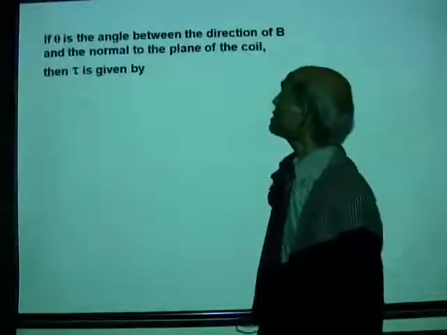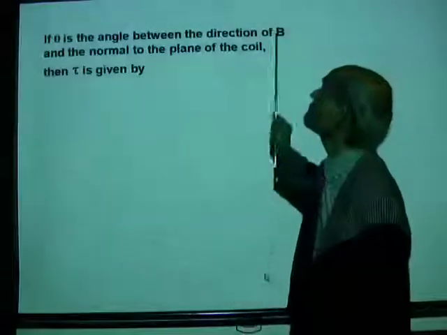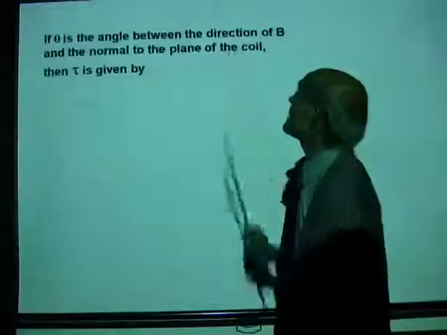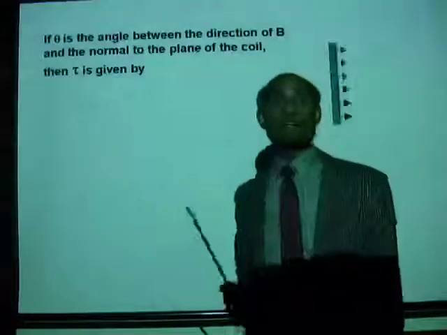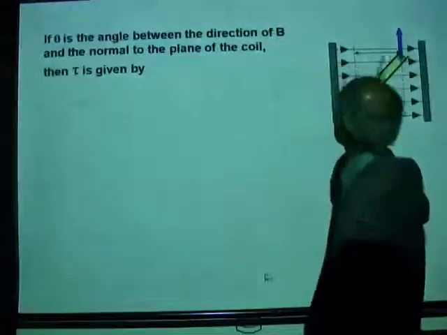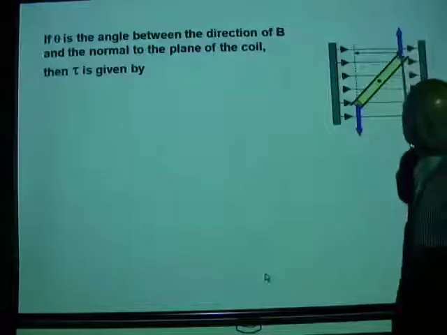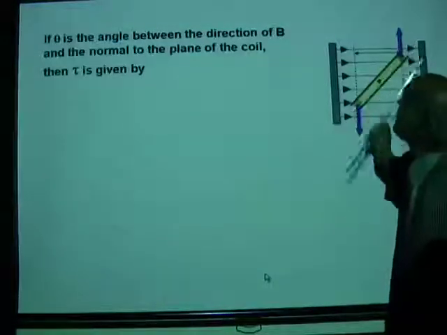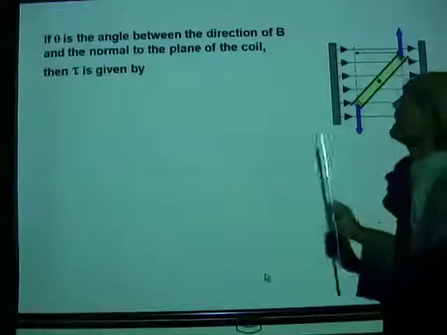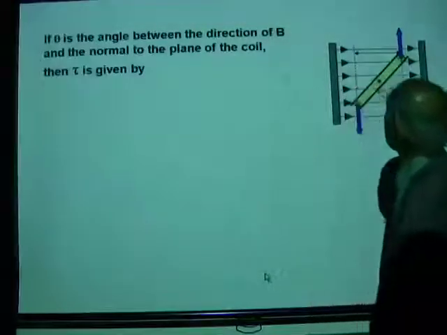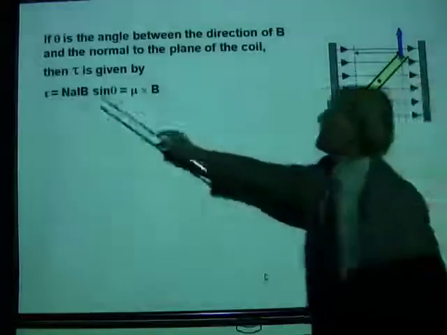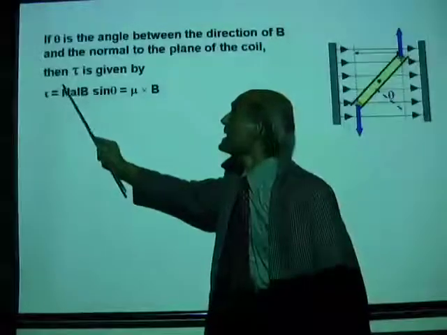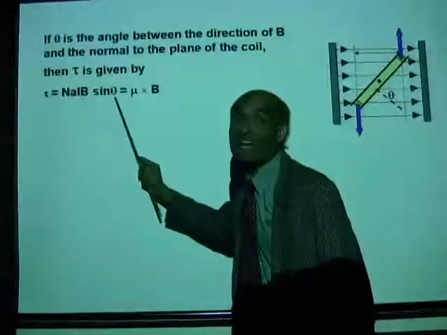Now, if theta is the angle between the direction of B and the normal to the plane of the coil, then I can write tau equal to, that means if theta is the angle between B and the normal to the plane, that's the angle theta, then tau will be NAIB sine theta.